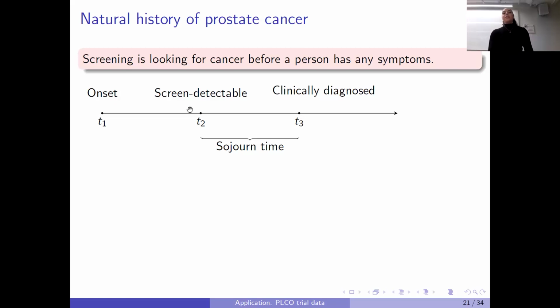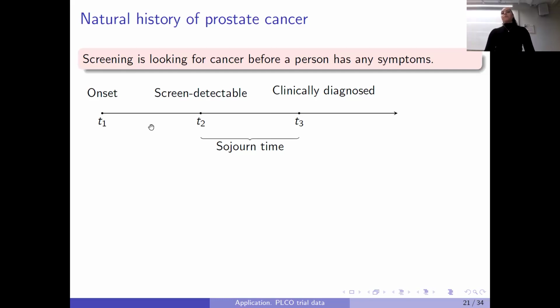Then at some point it becomes screen detectable, meaning the cancer can be detected by a blood test, a scan, an MRI, a biopsy, etc. Let's say they fail to detect the cancer in this state, and then the cancer might progress to a clinically diagnosed state. That means the patient already has symptoms, and that's how they go to the clinic and get diagnosed with cancer.